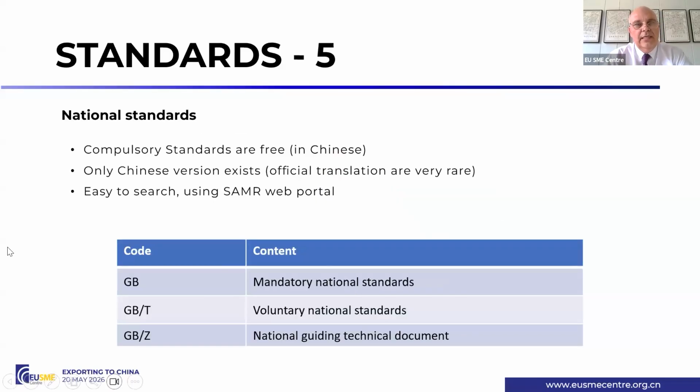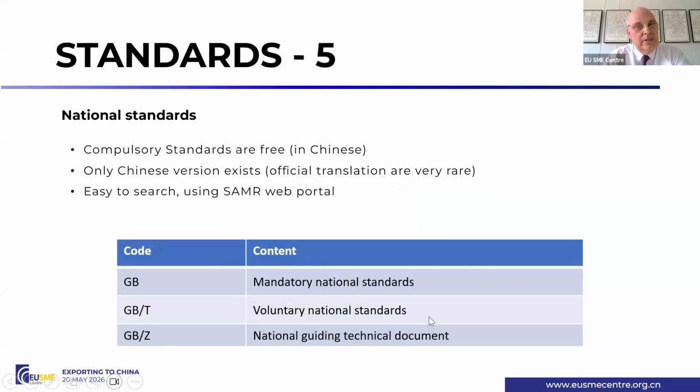And here you can see that you have different kind of national standards. You have here the GB, Guobiao, and then there is usually a number after that. So these are the ones that you absolutely need to focus on to be compliant with. There are others, for example, GB/T, they are voluntary national standards.